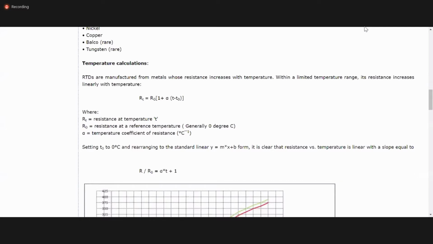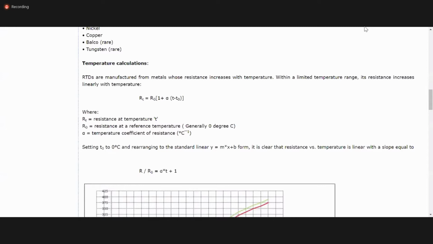Read out that formula, roll number 37. RT is equal to R naught into 1 plus alpha into T minus T naught. What is RT? Resistance at temperature T. What is R naught? Resistance at reference temperature. Right.